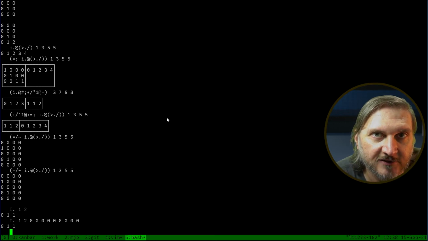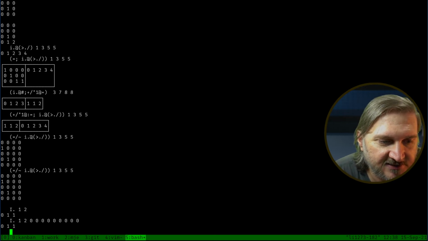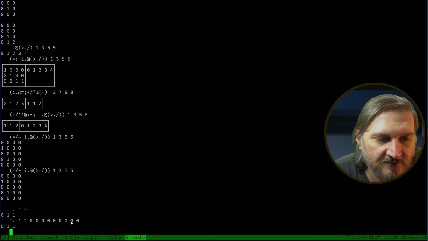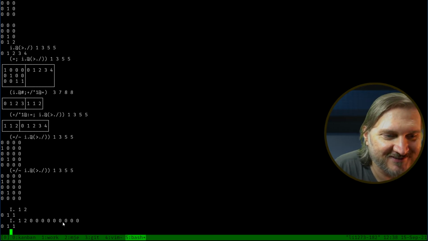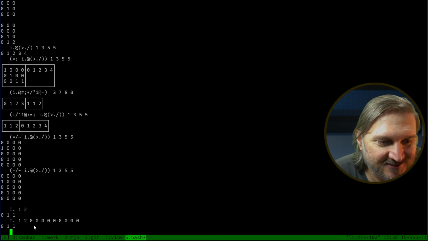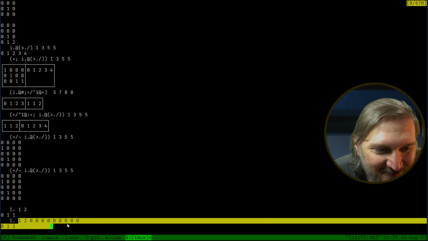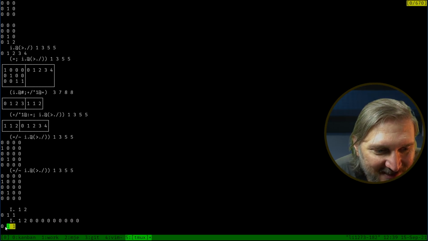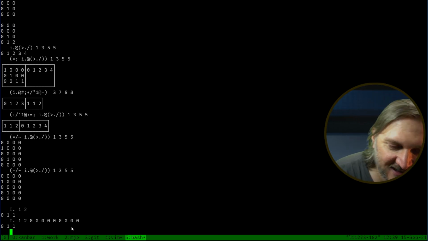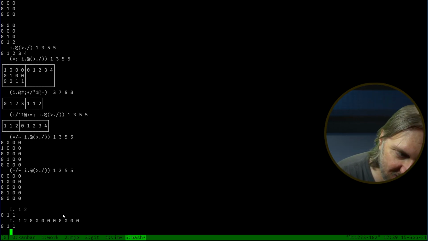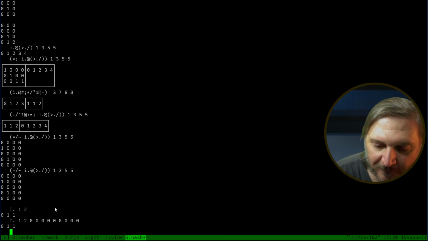Whatever the inverse is cannot possibly be a bijection, because there's an infinite number of these that map to the same single one of these, so you can't have a true inverse of this thing.